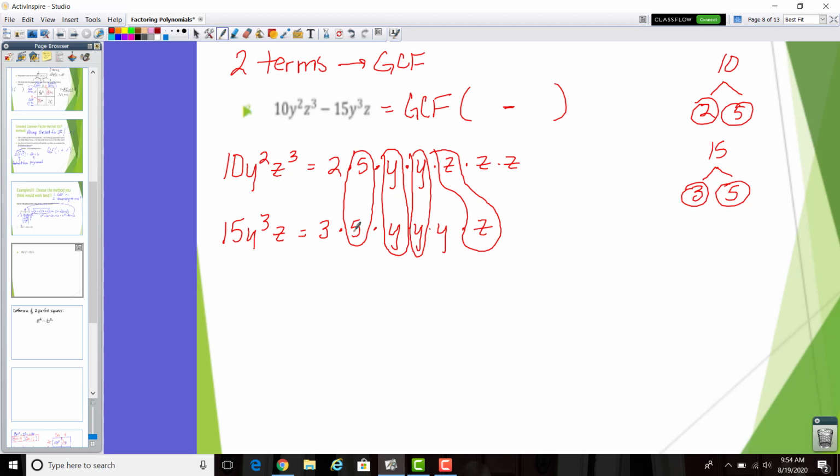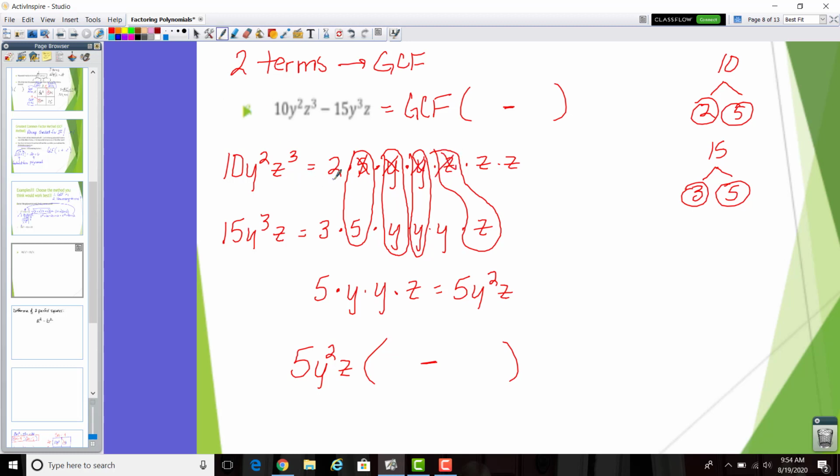Those are the factors they have in common, so I'm going to multiply those. 5 times y times y times z. That gives me the greatest common factor of 5y squared z. That goes out in front for my answer. So if I take those terms out, what is left? Well, in 10y squared z cubed, I've used 5, y, y, and z. What is left?